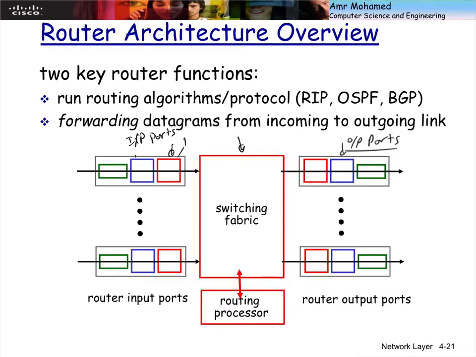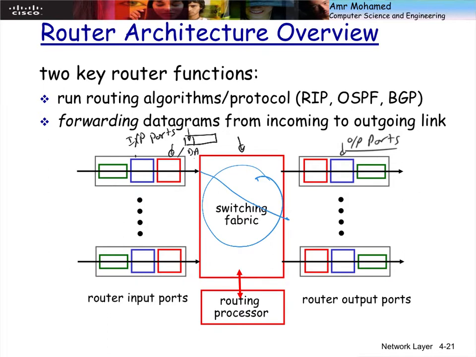The main thing is that this packet has a header, and in the header we have the destination address. And this is the most important field in the packet, right? So using this destination address, we need to consult or look up the routing table, and based on the routing table, we need to make a decision that this packet needs to go from a specific input port to a specific output port. That's done as hardware inside the switch fabric.